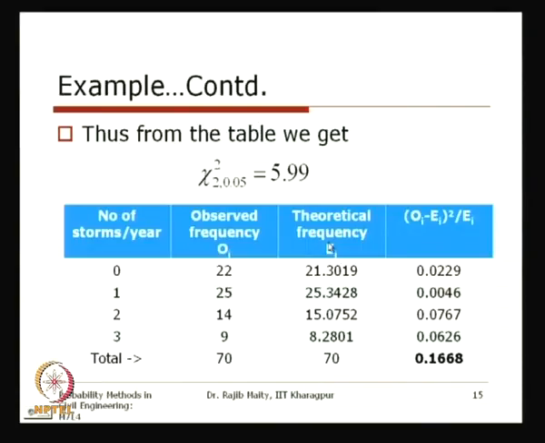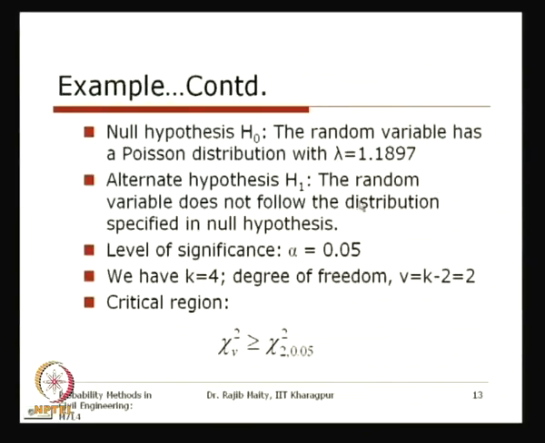And the theoretical frequencies, these values, we are getting from this Poisson distribution, where lambda equals 1.1897 and t equals 1, so 1 year.